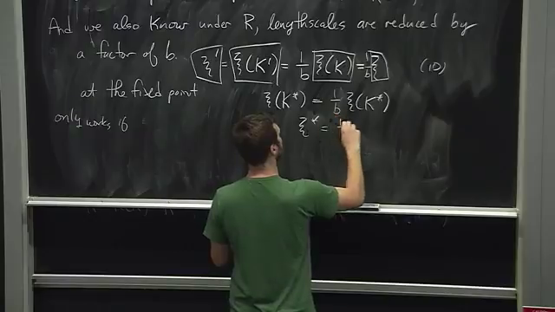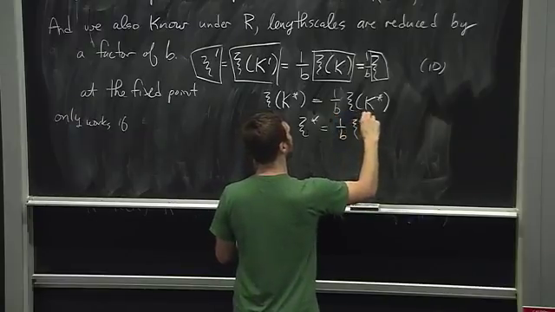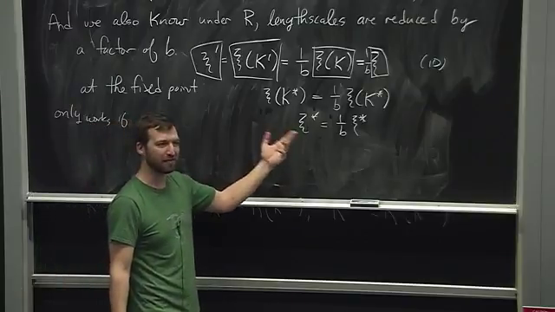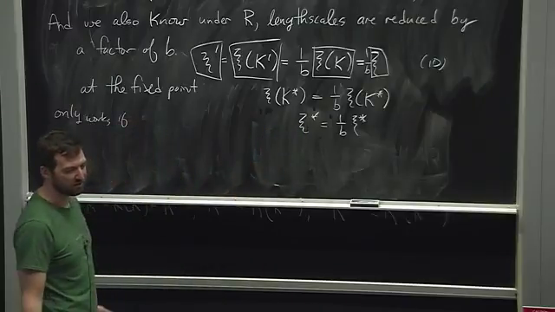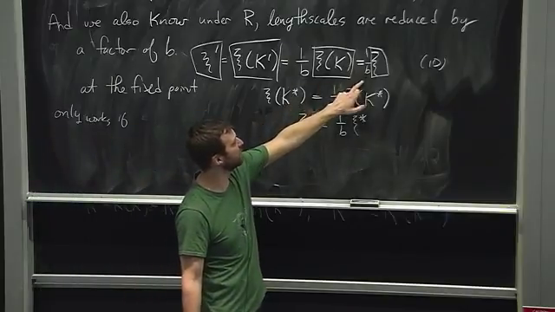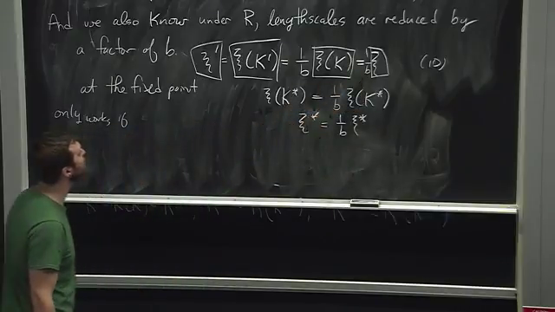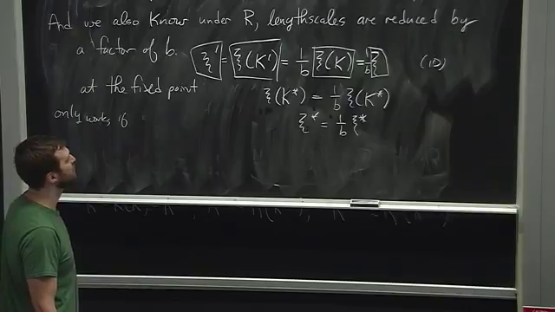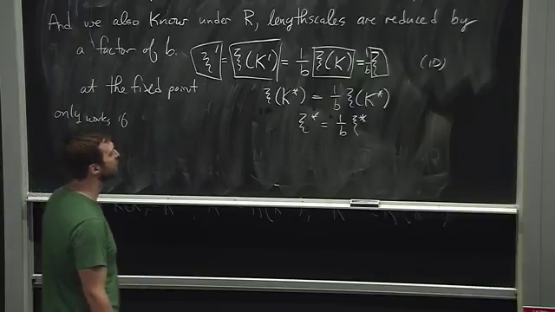Chi star is 1 over B. So what is the correlation length at the fixed point? That's all I'm saying. I just forgot that 1 over B there. That equation looks confusing. So psi over K star equals 1 over B. Does this make sense?